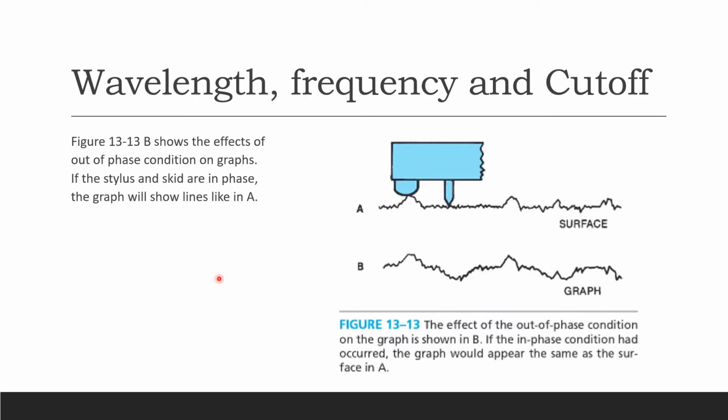Alright, the next picture is showing the effects of out of phase. As soon as you look at it, you see one is up and one is down, so that's out of phase. It shows the effects of the out of phase condition on the graph we produce from this measurement.